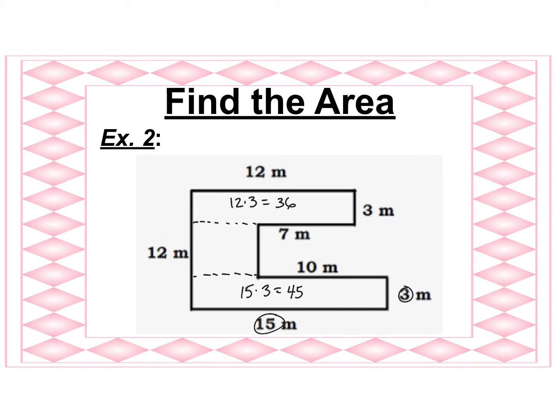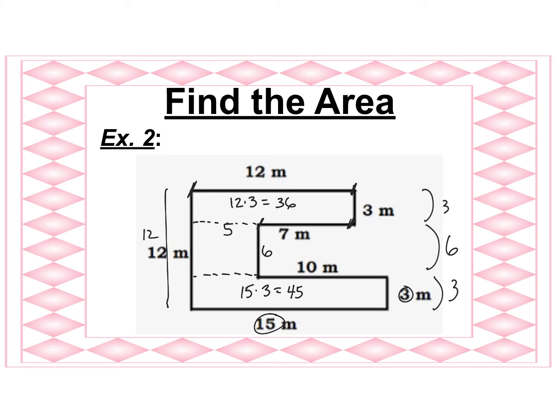And now I need to figure out this middle square. Well, looking at a length of 12 there with no letters, and then a length of 7 here, that means that the top dotted piece is going to be 12 minus 7, which is 5. And then if I look at this whole side is 12, but this piece is 3 and this piece is 3, that must mean that the middle piece is going to be 6.